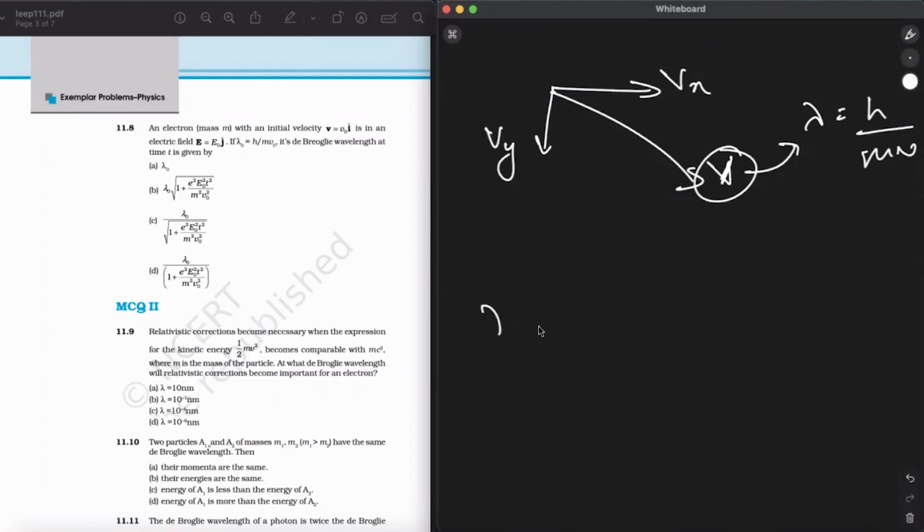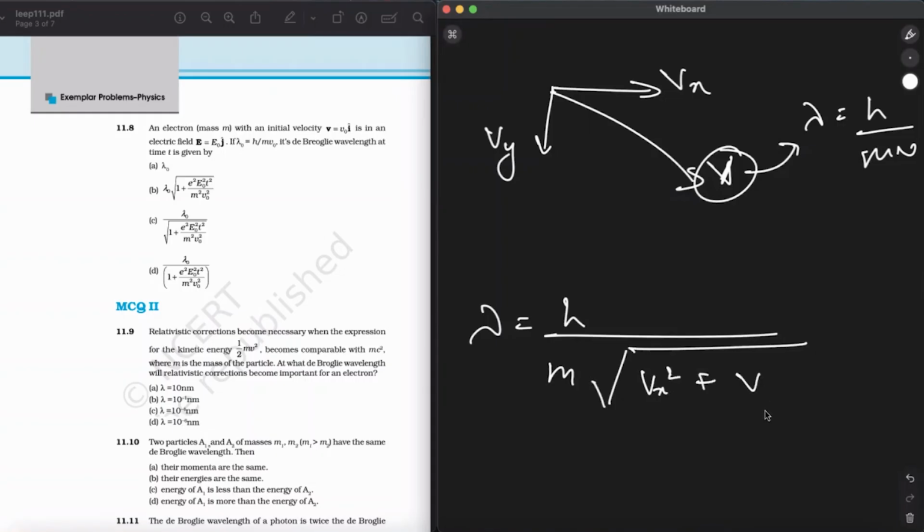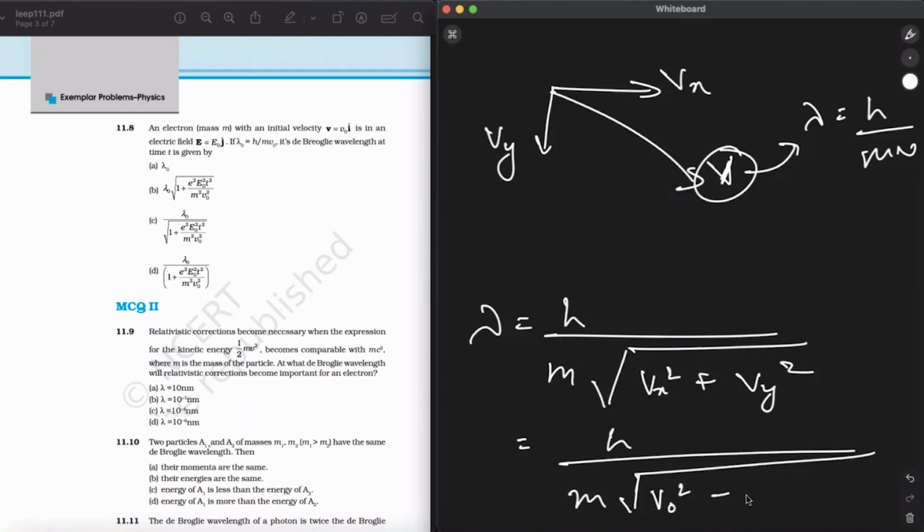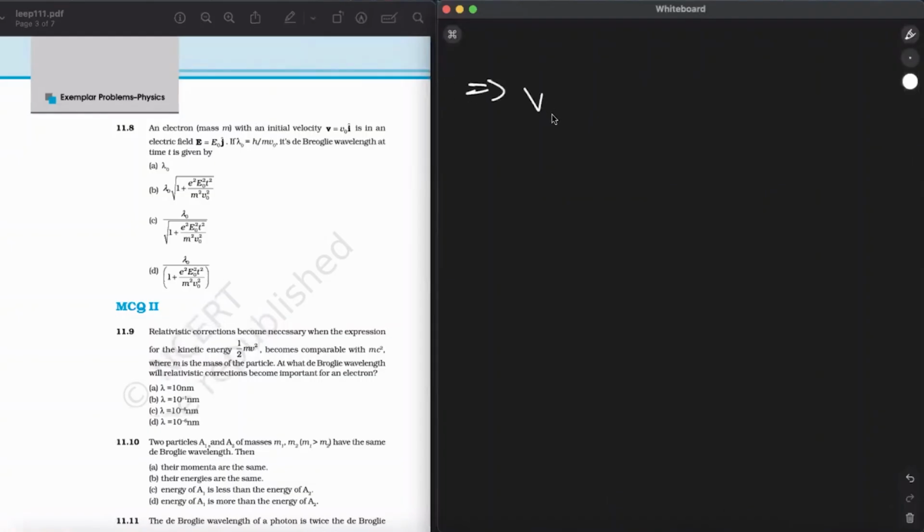So lambda is equal to h upon m times the square root of vx square plus vy square, which is h upon m times the square root of v naught square plus minus eE naught upon m t whole square, that is, v naught times the square root of 1 plus e square E naught square t square upon m square v naught square.